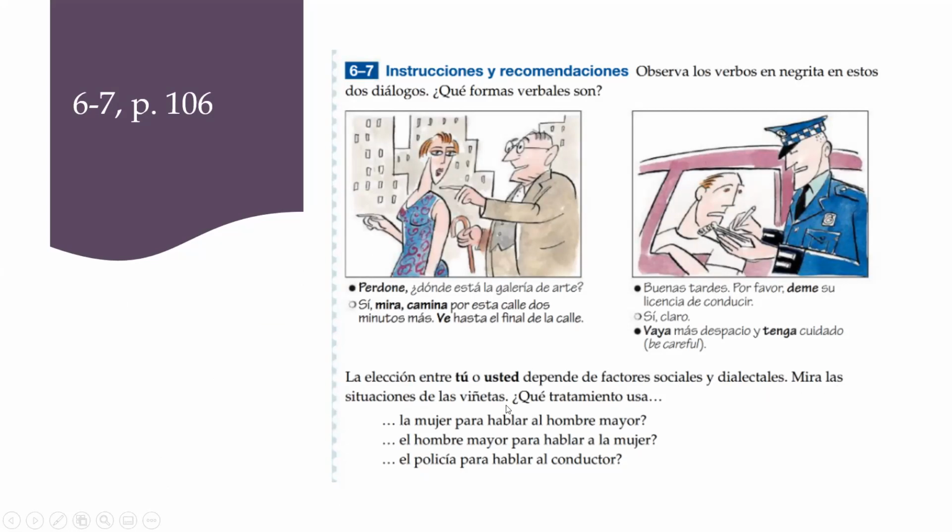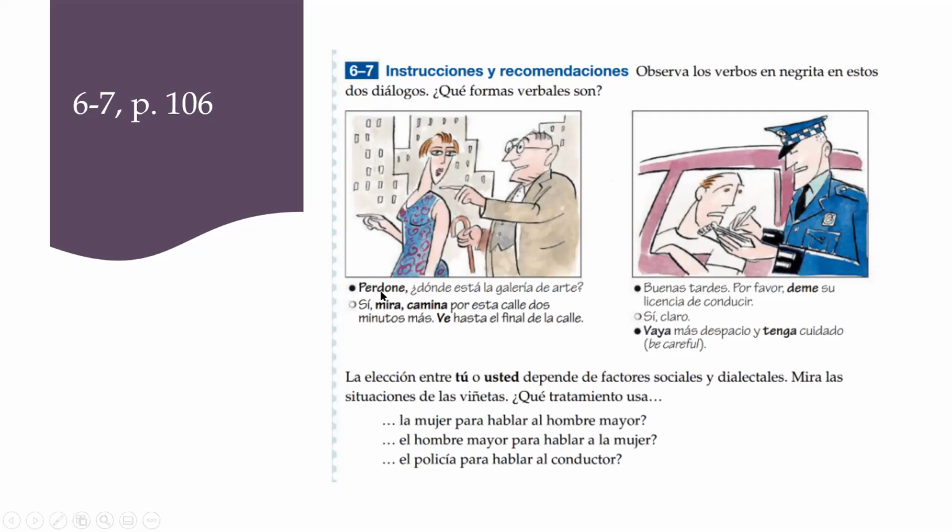Mira las situaciones de las viñetas, las fotos aquí. ¿Qué tratamiento usa aquí la mujer para hablar al hombre mayor? El hombre mayor para hablar a la mujer y el policía para hablar al conductor. Okay. So pause just a second, then I'll go over this.